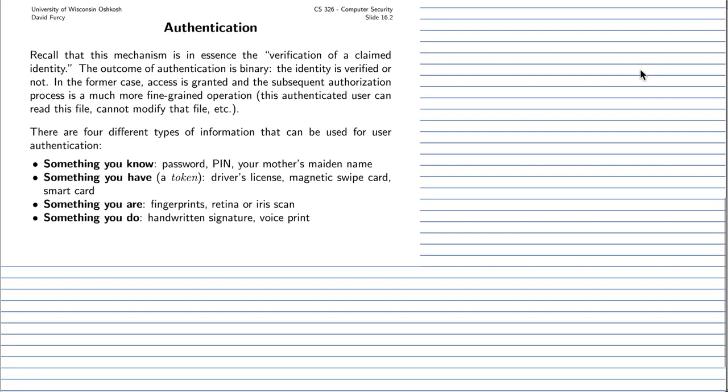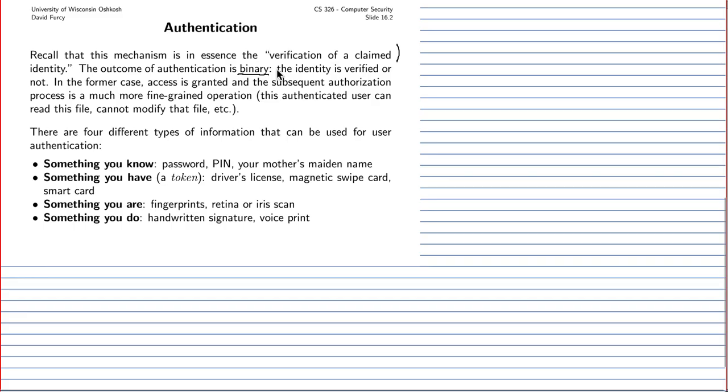So let's talk a little bit more about authentication in general, or user authentication. Again, remember that this is the second step in the process of access control. It's the step of verifying that a claimed identity is an actual identity. So what is the outcome of this authentication step? Well, it's a binary outcome. Either the person is authenticated or they are not.